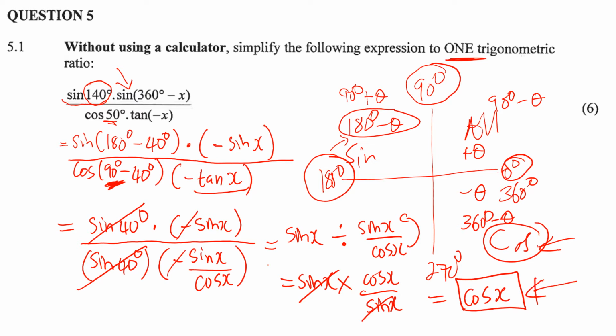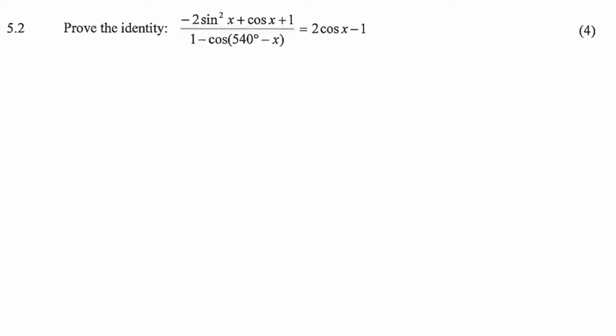All right. 5.2 says prove the identity: (minus 2 sine squared x plus cos x plus 1) all divided by (1 minus cos(540 minus x)) is equal to 2 cos x minus 1. How do we prove an identity? You must first identify the side that you're going to prove with.